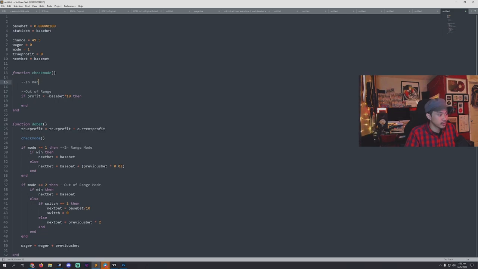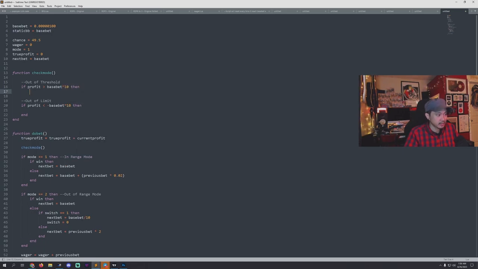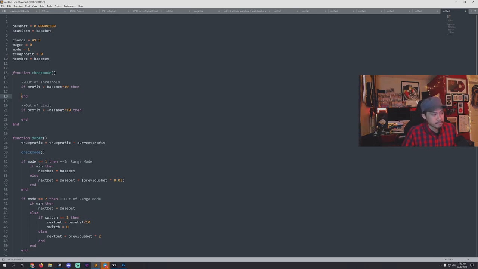Out of limit here. Limit is at the bottom. Threshold will be at the top. Out of threshold. If profit is greater than base bet times 10, then boom, do something. That's the template, right?